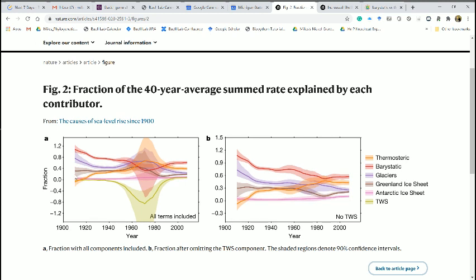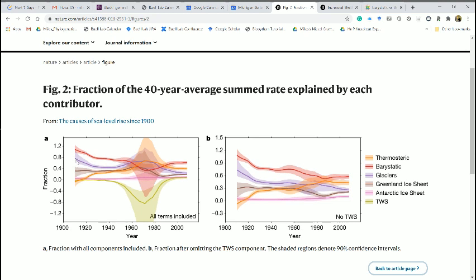Looks like contributions of, looks like the Antarctic ice sheet melting stays steady at around 0 across these years, which is really surprising to me. I'd figure that like melting of the ice sheet in Antarctica would be one of the main contributors, just based on all of the nature documentaries I've seen. So that's interesting. If I'm interpreting this graph correctly, that is.